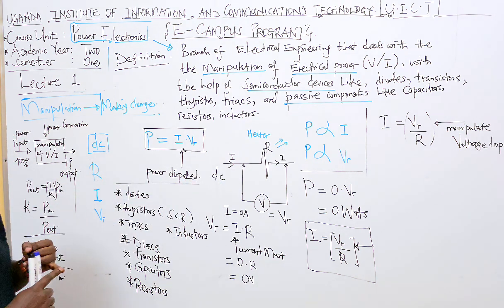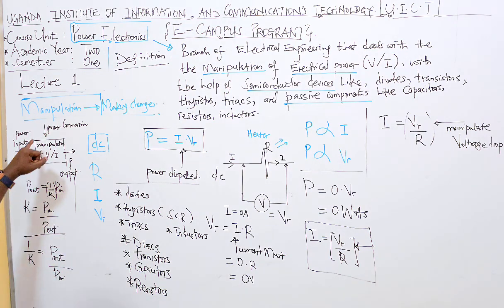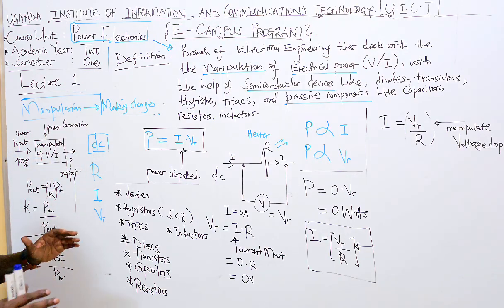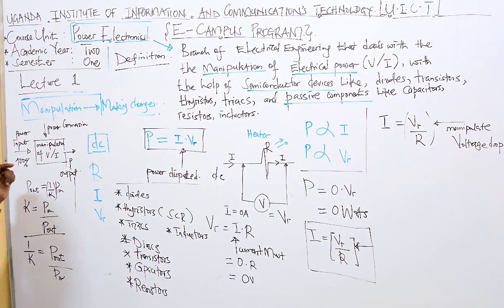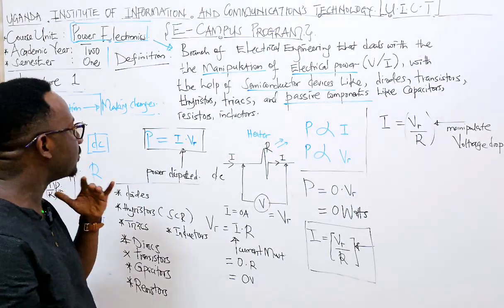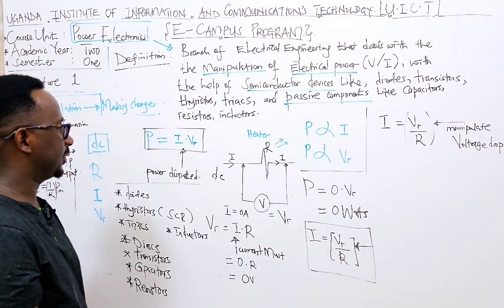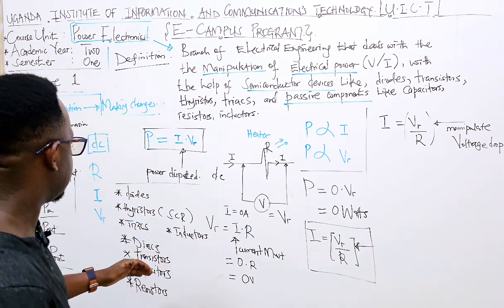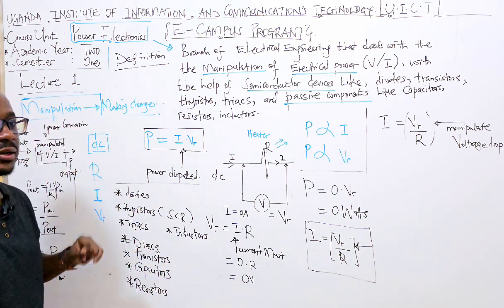So we will look at manipulating voltage and current, and that will lead us to power conversion circuits. That's a huge section of the entire course unit. We'll have power converters, we will look at terms like efficiency, and we'll learn how to compare the efficiency of different power conversion circuits.